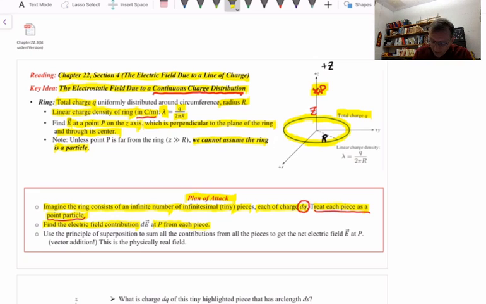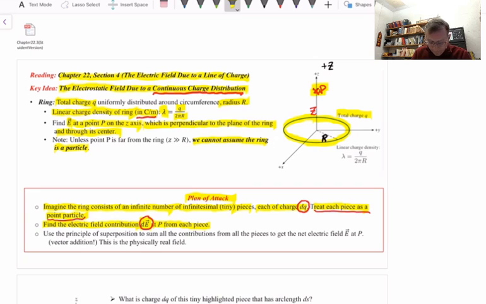And I'm going to label the contribution from any tiny piece with the notation dE arrow. Again, note that. It means a tiny electric field contribution at point P from one of the tiny pieces of charge, dq. And we'll be drawing more pictures, so you'll see.